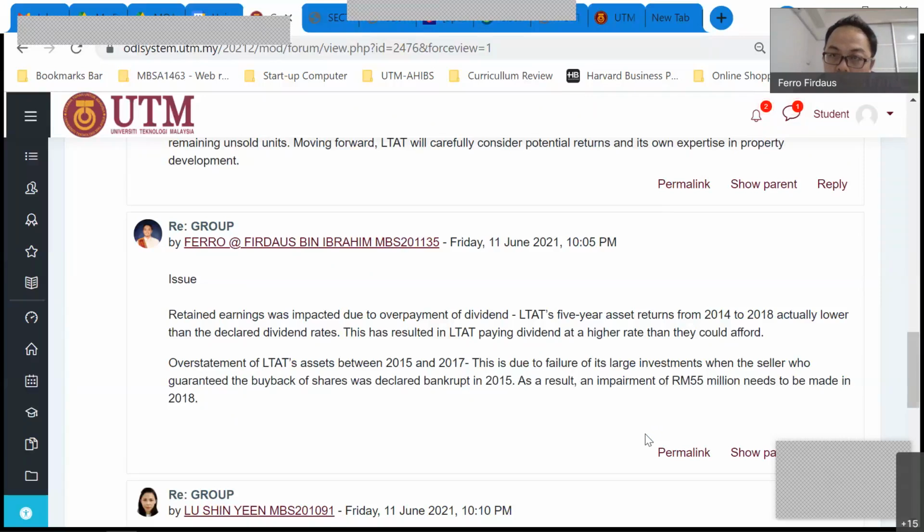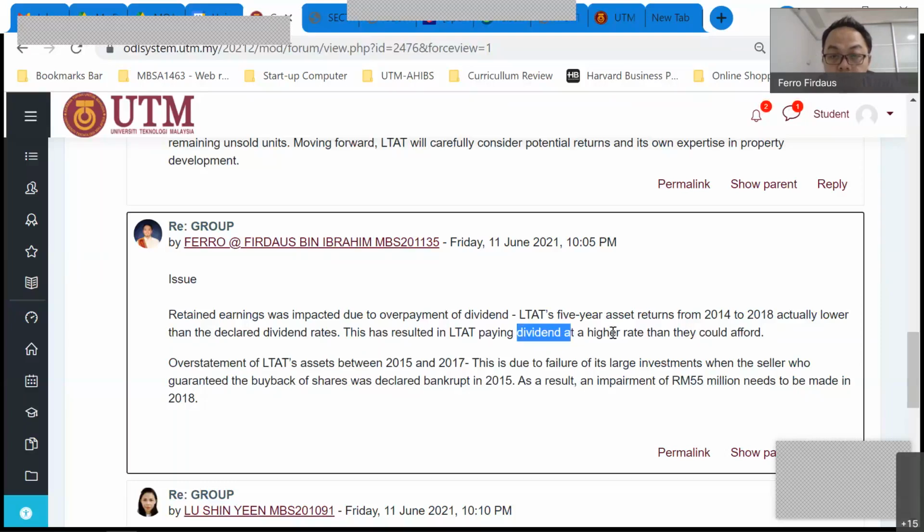In the same year, they did an audit, and they found a few issues within LTAT. The first issue is the return earning was impacted due to overpayment of dividend. Their income is lower than the dividend that they should give. The second one is overstatement of LTAT assets between 2015 and 2017.